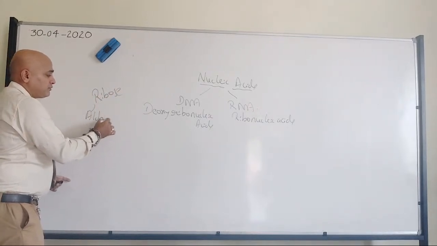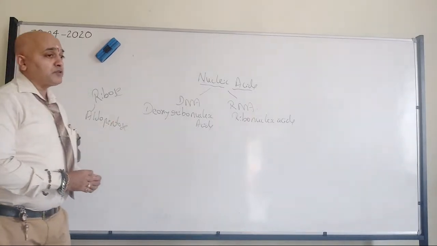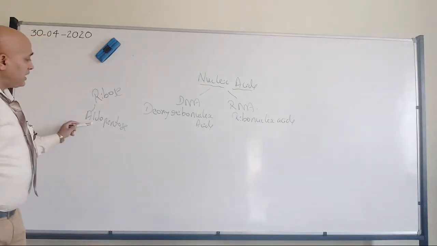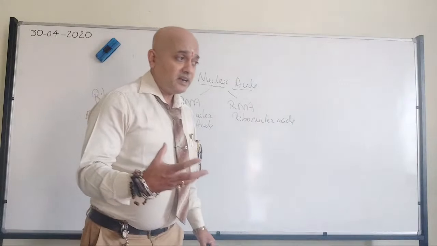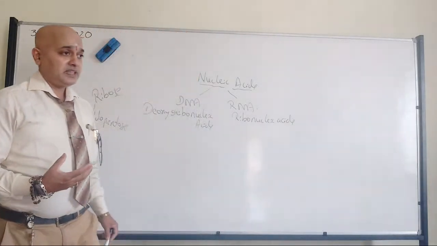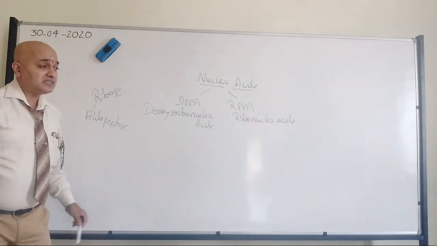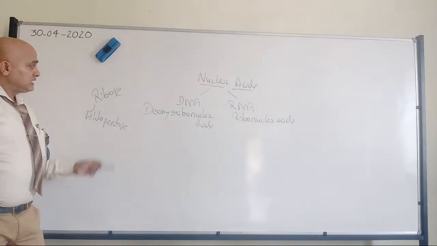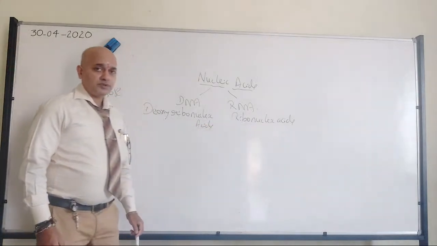It may be helpful for your competitive exams. What do you mean by aldopentose? A 5-carbon sugar containing an aldehyde as its functional group. So that's what ribo talks about.